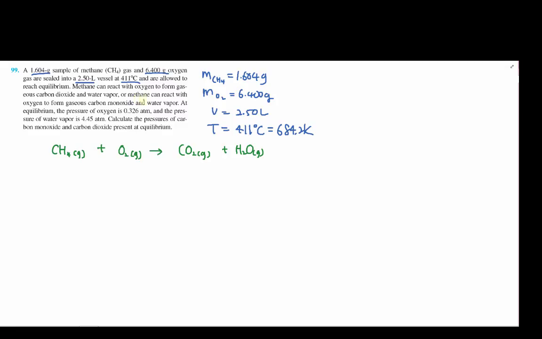Or it said methane reacts with oxygen to form gaseous carbon monoxide and water vapor. So this is our equation 1. Our second equation is going to be very similar, except we have carbon monoxide instead.